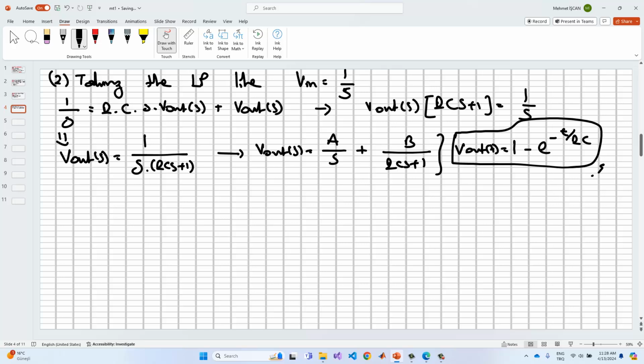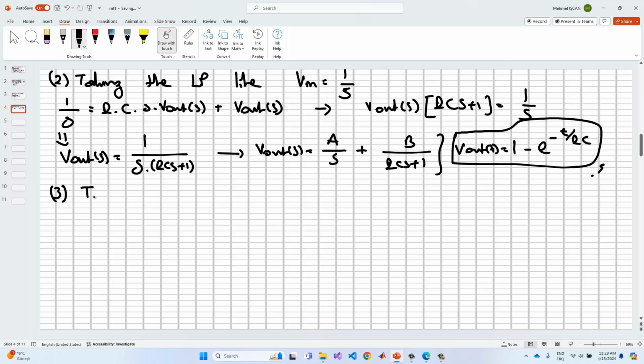Okay? But we need to, this is the correction term or the performance indication for the solution. We need to reach this value, but we need to use the convolution theorem to reach this application.